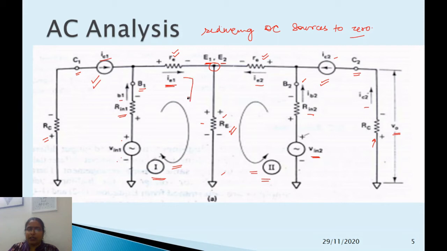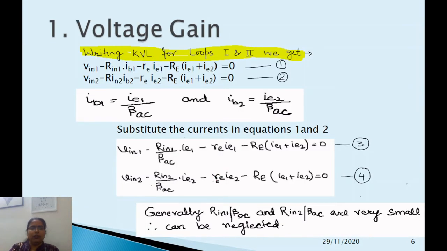One is this IE1 and another is this IE2. So from this RE, this is the sum of these two currents. So in the equation we will write it as RE into IE1 plus IE2, and that again equal to 0. So this is the first equation. As you can see, we have written here the first equation.